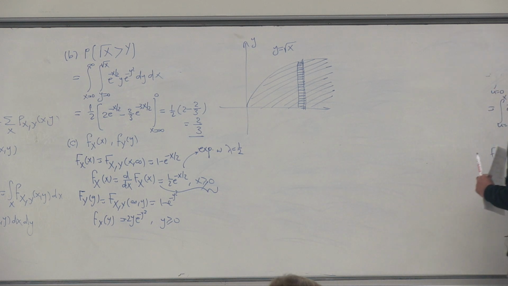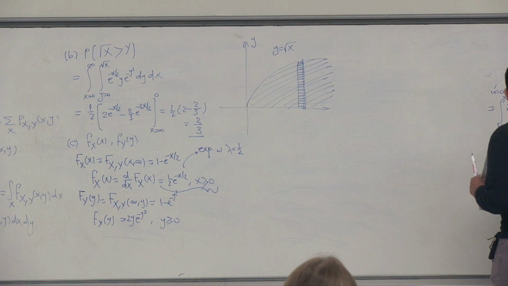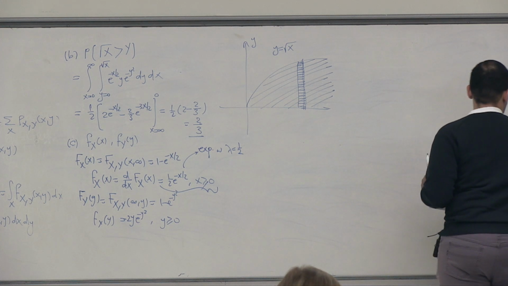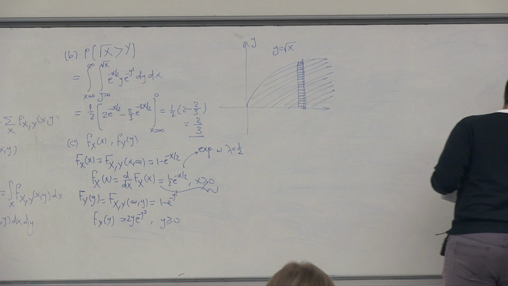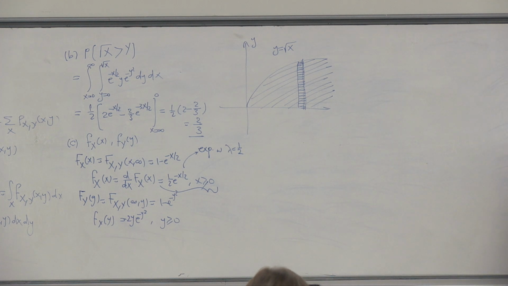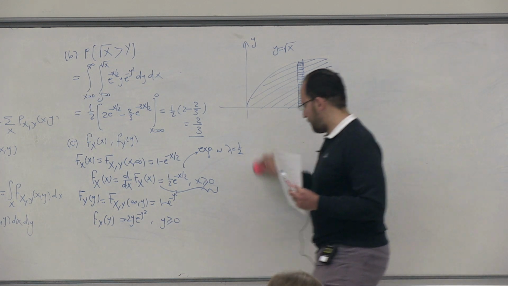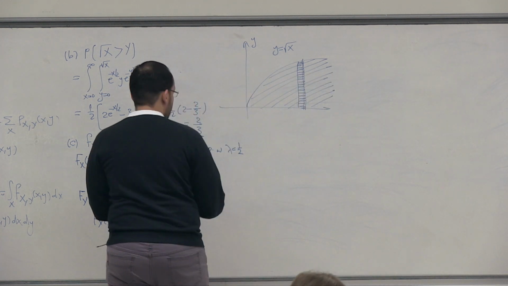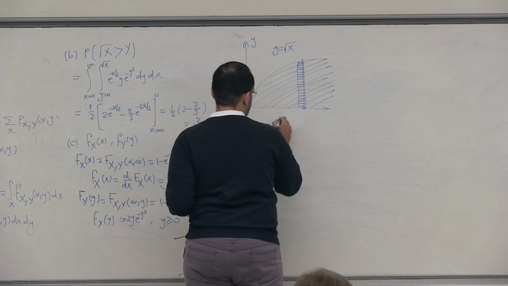Let's pass by jointly Gaussian random variables. Jointly Gaussian RVs.